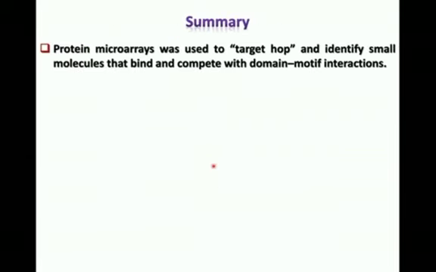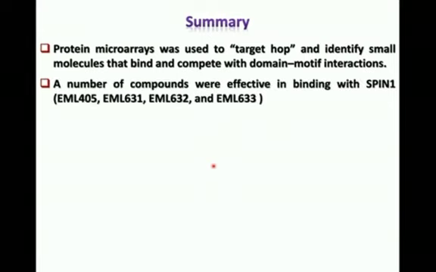So the summary of this work: initially the protein microarrays can be used for something called target hopping, fishing, hunting, and identify the molecules that bind and compete with the domain motif interactions. So we found that a number of compounds are effective in binding with SPIN1.